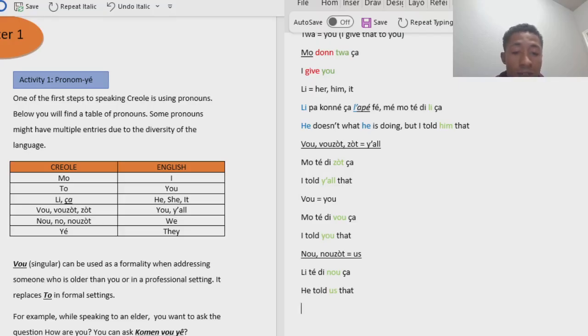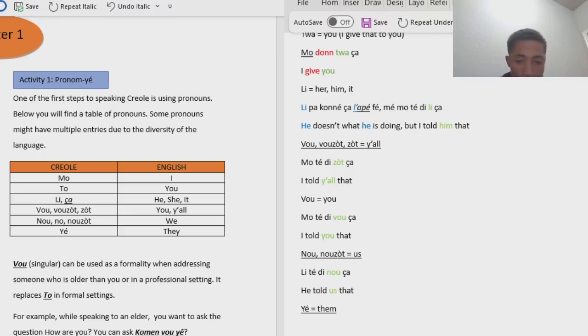Now, last one is actually the same as the direct, which is ye. Now, you will see ye a lot in Creole because ye can mean several different things, but for this one you have ye as them.